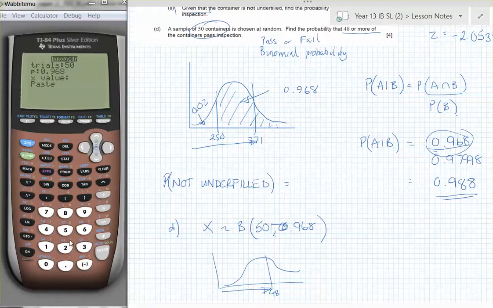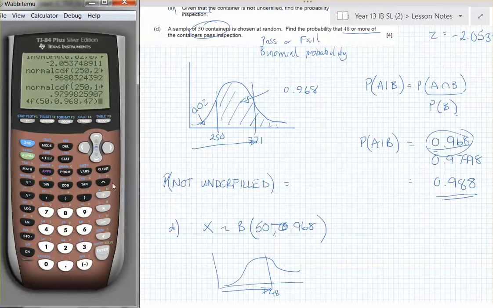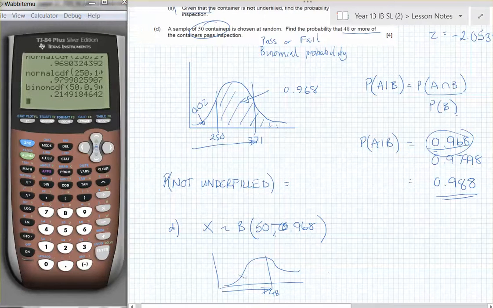So the X value here needs to be 47, because there's no 47.5 yogurt pot. So we paste that, so we get a value for this side of 0.2149. So then we obviously want the other side because it's more than. So we've got 1 minus 0.2149, which equals 0.78. So that's that probability.